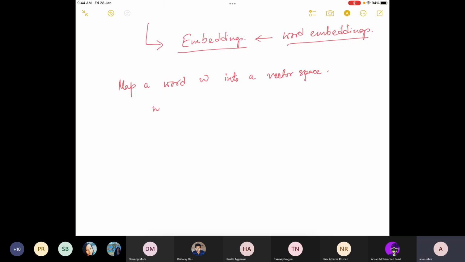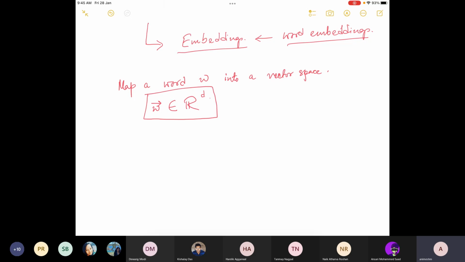The corresponding representation of the word in the vector space is denoted by the vector of W, and this belongs to a d-dimensional real space. Okay, so this is how the embedding of a word is in general represented.